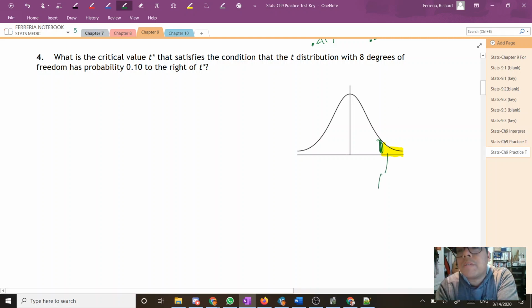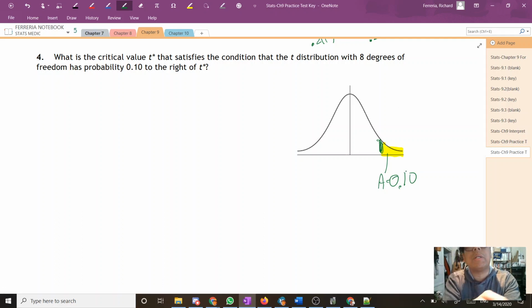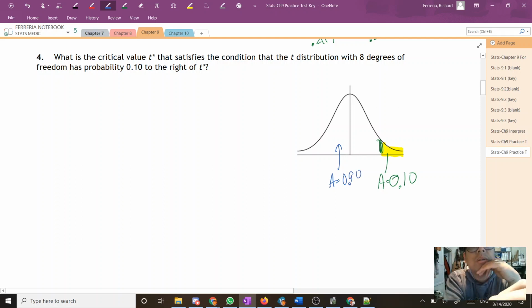That's an area of 10%, or 0.10. Well, if that area is 0.10, then you should know that this area here is 0.90, because all that area has got to add up to 1.